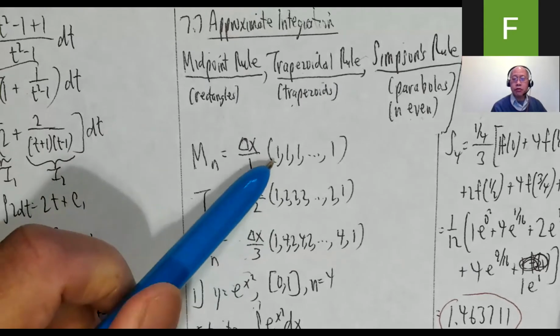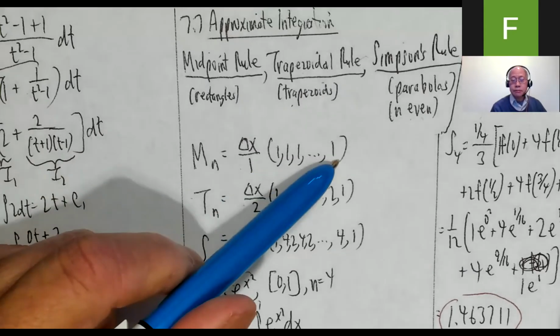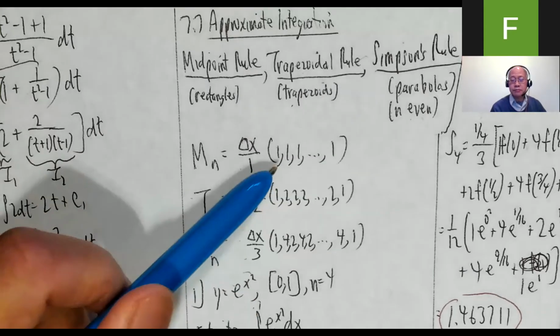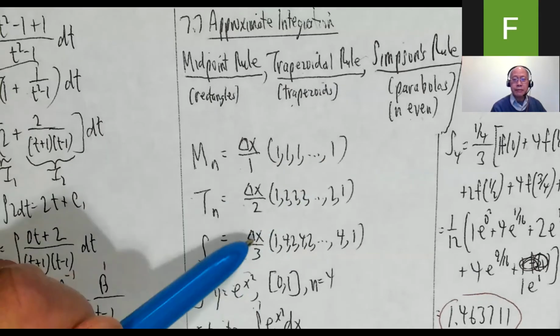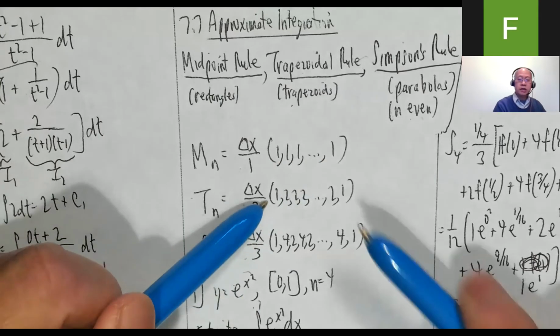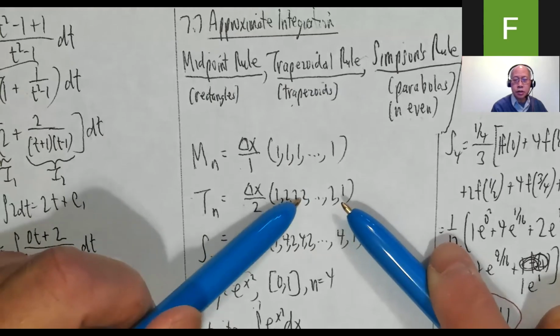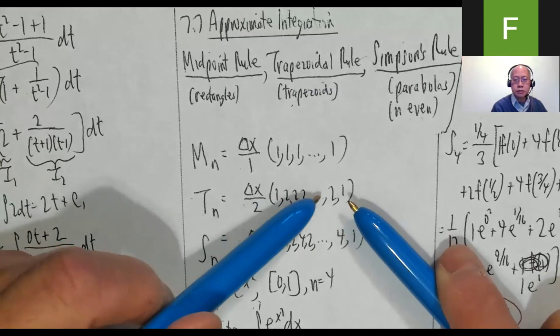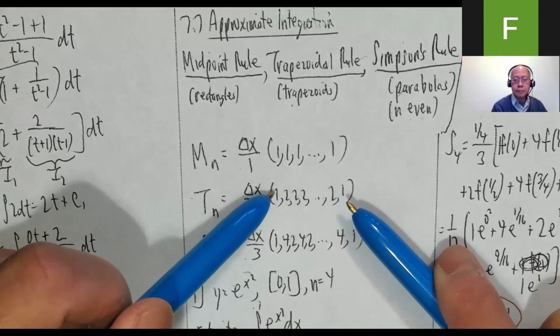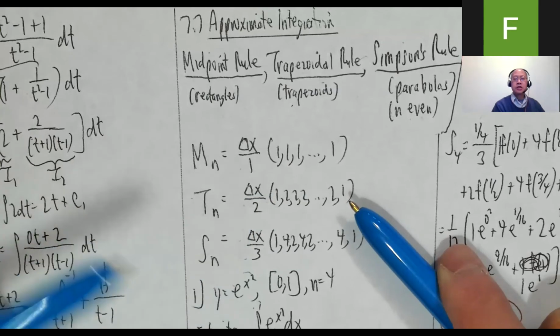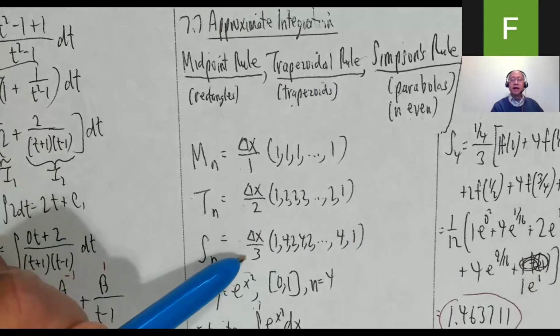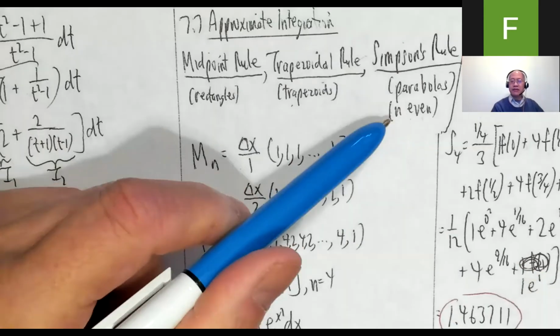Midpoint rule, they're all ones: 1, 1, 1, 1. You don't even know what this means yet, but just put it down. Trapezoidal rule: 1 at the beginning, 1 at the end, and all the in-between ones get 2s. So 1, 2, 2, 2, 2, 2, 1. Simpson's rule, and for Simpson's rule, n has to be even.